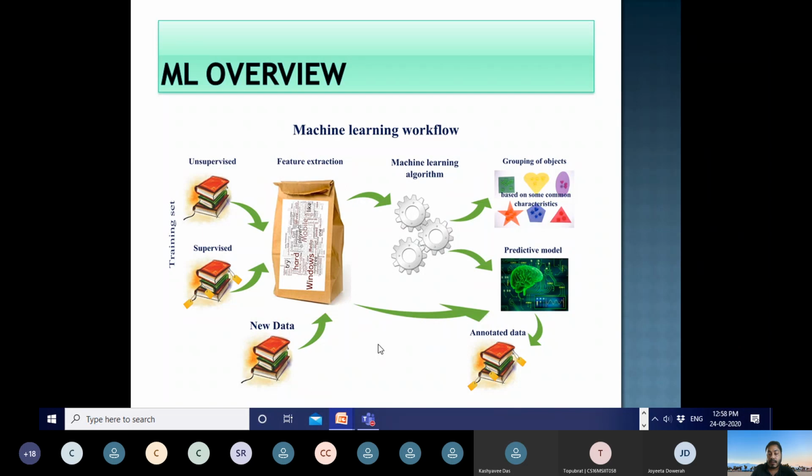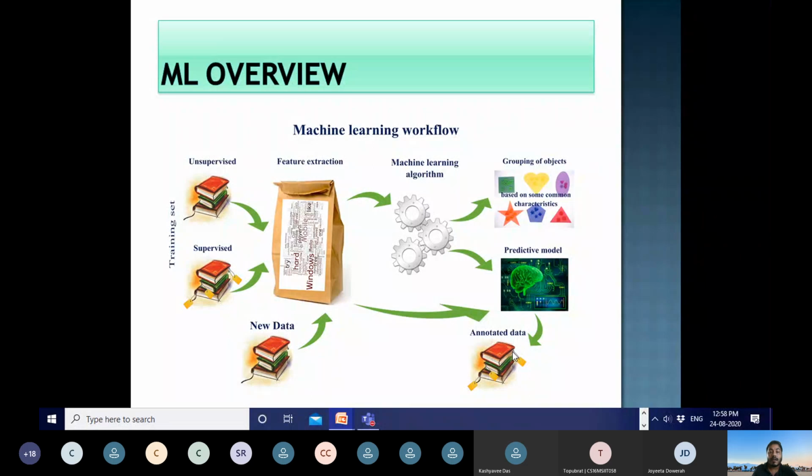Means from the new data, whatever new data you have given, it will classify and tell you: yeah, this falls under this category and this falls under that category, like that. If this is a case of unsupervised learning, 3 groups will be formed, and if this is the case of supervised, then some 3 levels will be there, right?